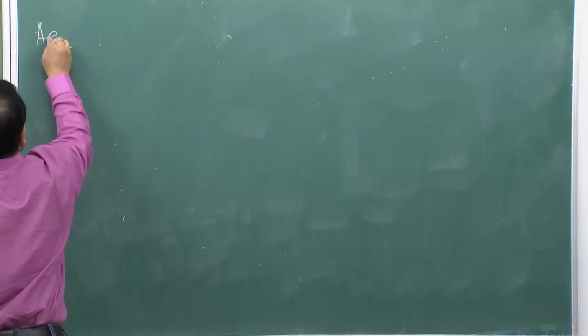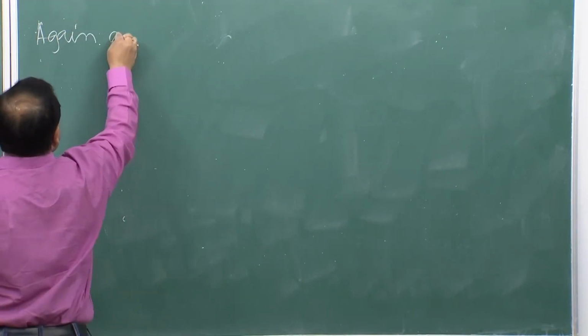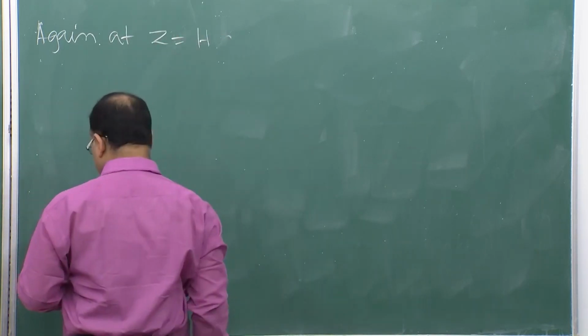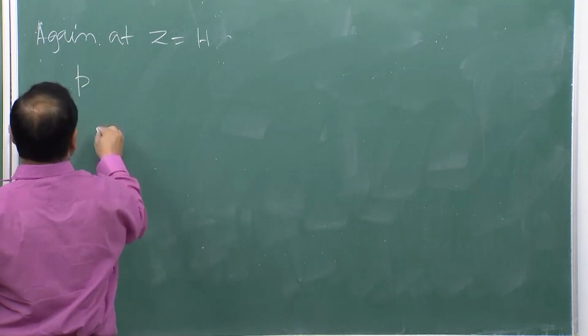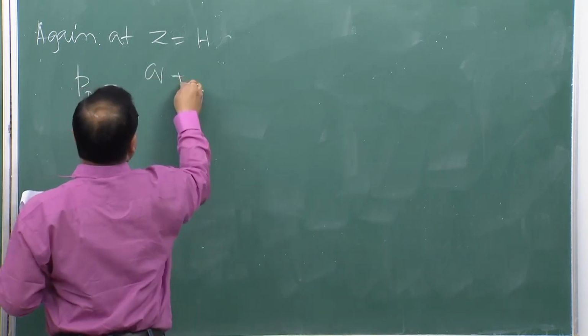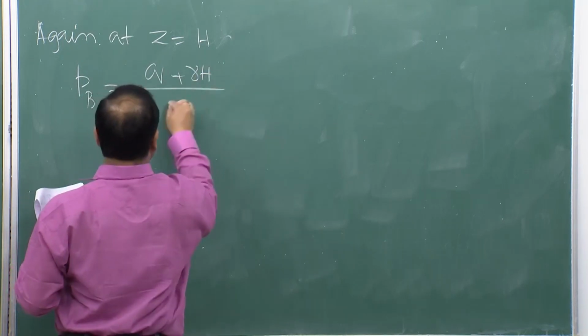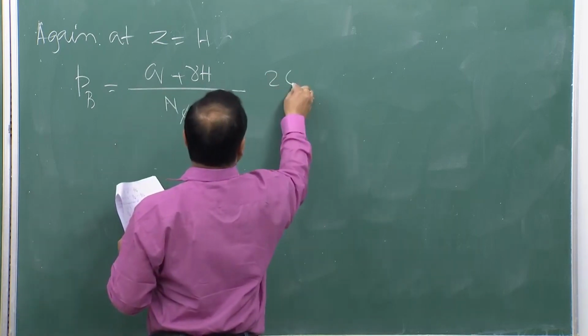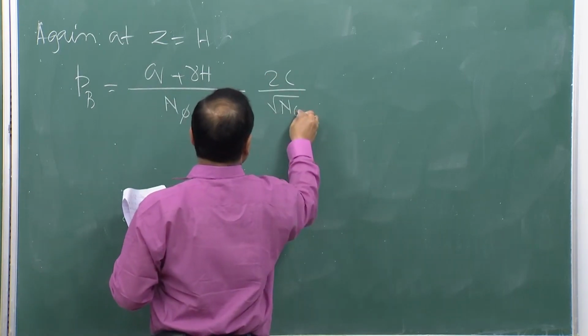So, again at Z equal to H, that means at the base of the wall, PB is nothing but (Q plus gamma H) divided by N phi minus 2 c root over N phi.